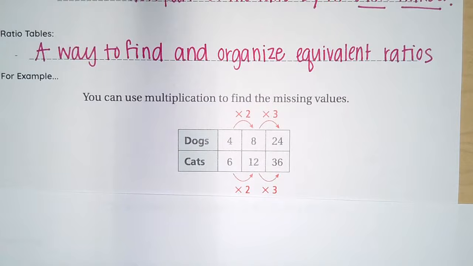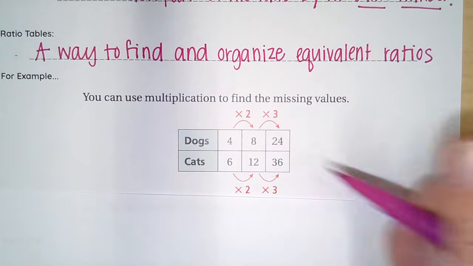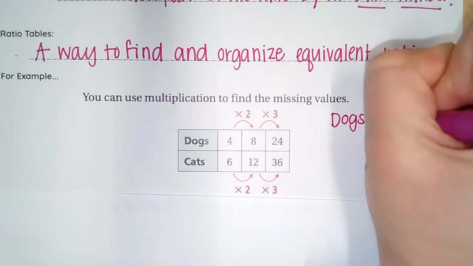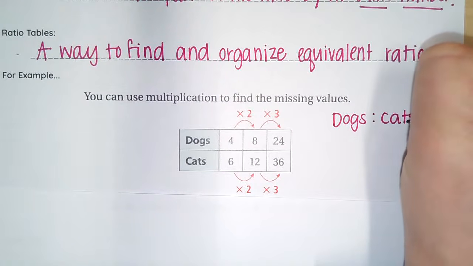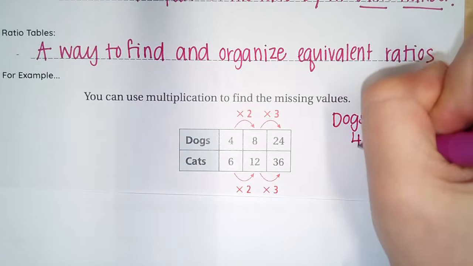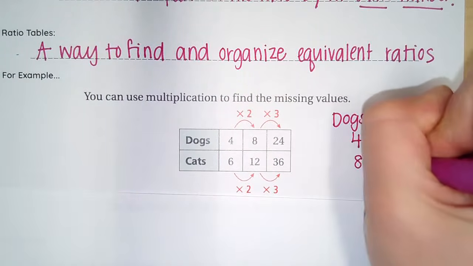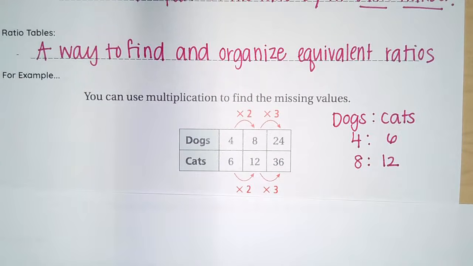So another equivalent ratio would be 8 to 12. So if I said my ratio is dogs to cats, one ratio would be 4 to 6. An equivalent ratio would be 8 to 12.